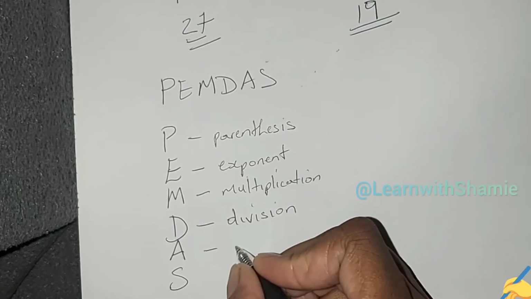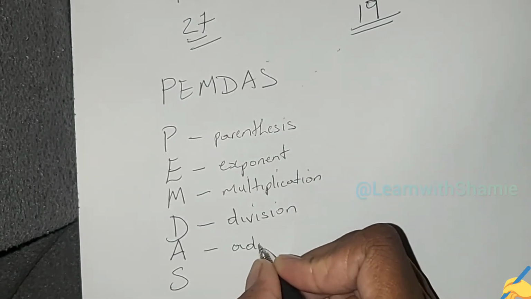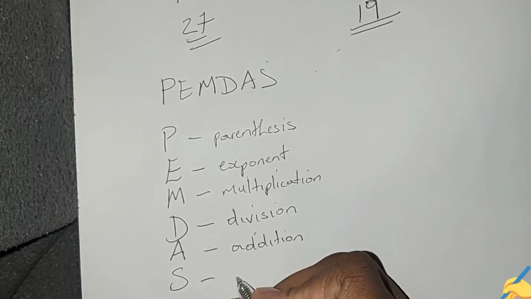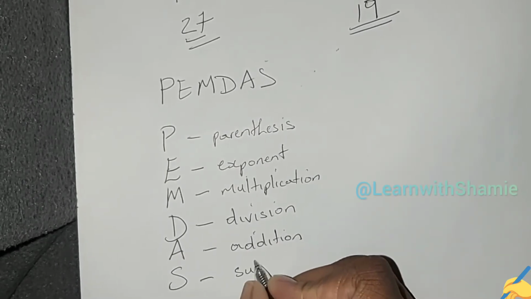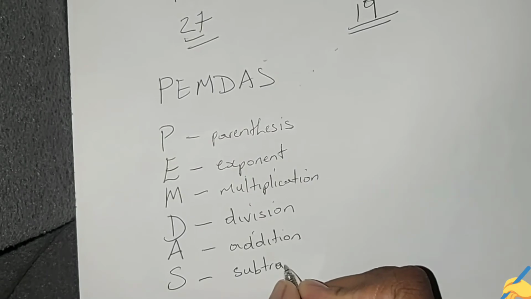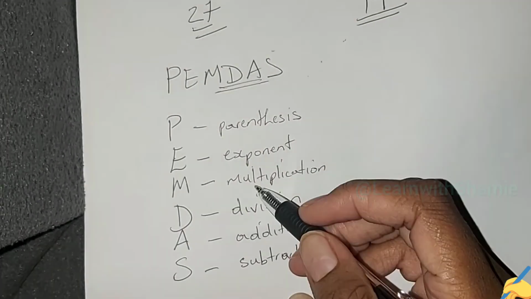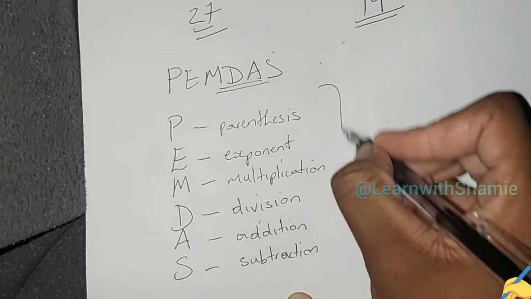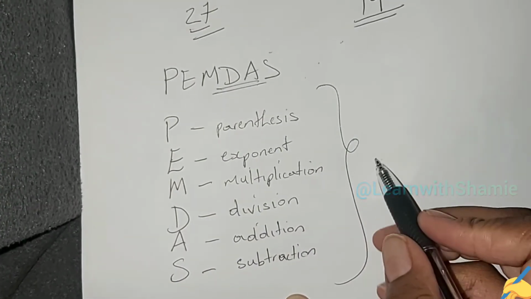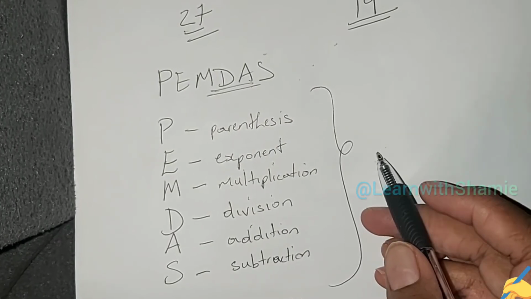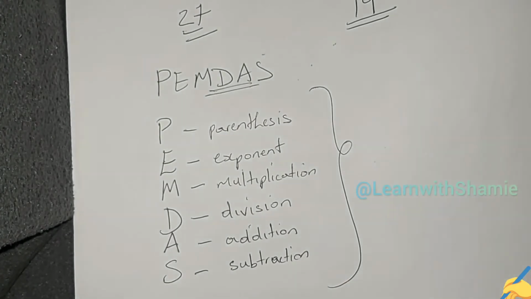A stands for addition. And S stands for subtraction. So this acronym shows you the order in which the operations of an equation should be solved.